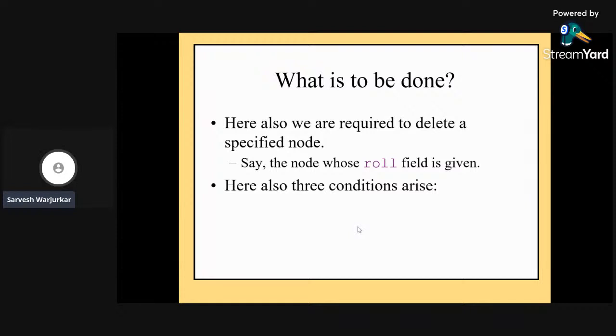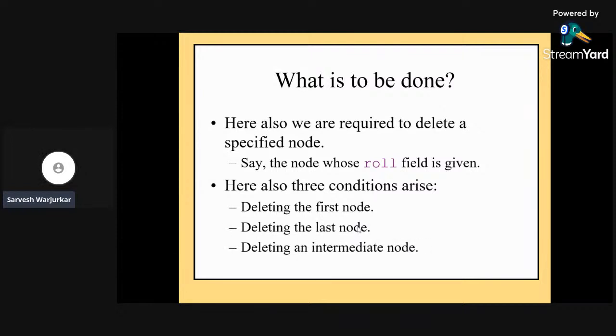Similarly, when we are going to delete a node from the list, again there may be three different conditions that can arise, and those conditions are as follows: deleting the first node from the given linked list, deleting the last node from the list, and deleting the intermediate node, meaning a node except the first node and the last node.